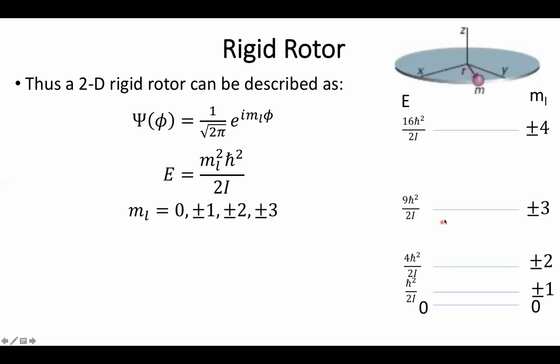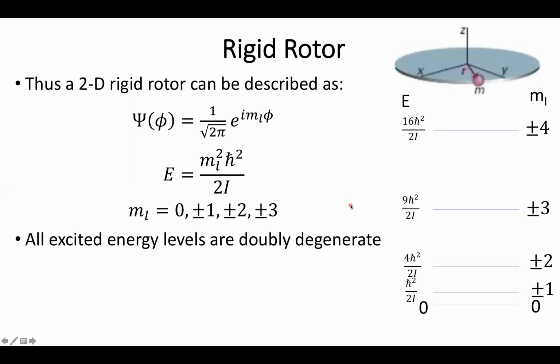Then when we go to 3, it becomes 9. And then when we go to 4, it becomes 16. So what we tend to see is that our energy levels become increasingly separate as we go up rotational quantum numbers.